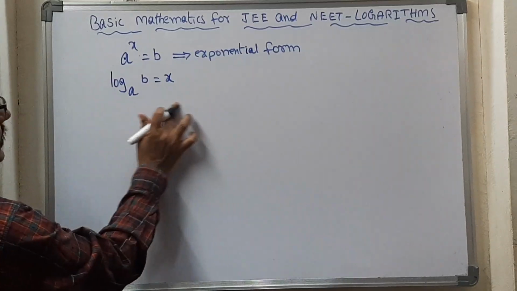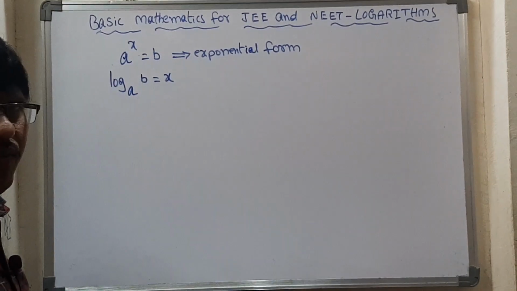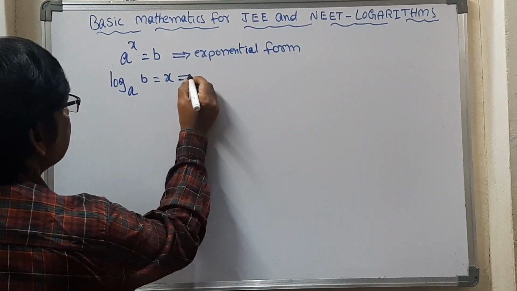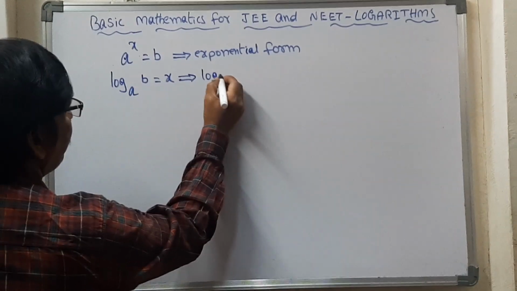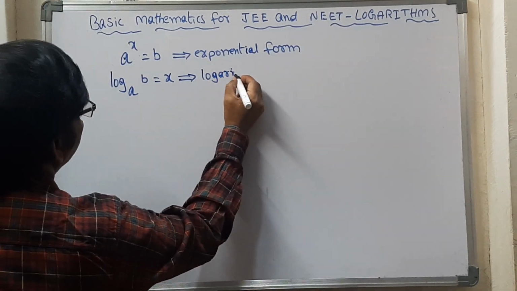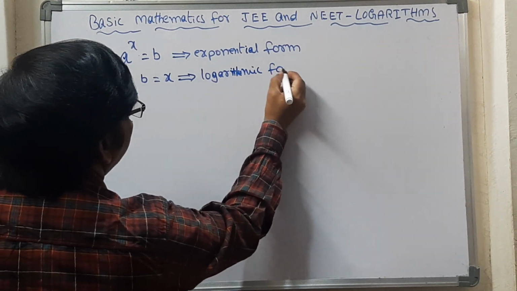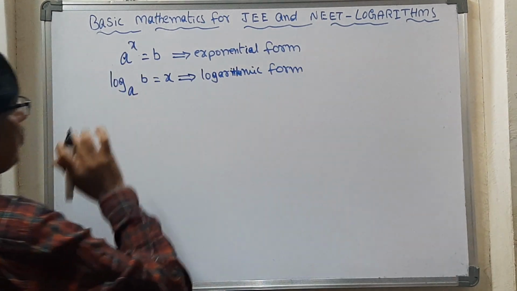This is what we call the logarithmic form for an exponential form. How to read this one? Log b base a is equal to x. This is what we call the logarithmic form.